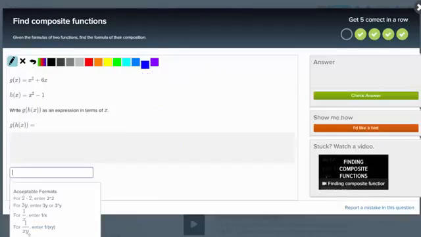Woohoo! Alright, see if we can finish this one out strong. So we have h of x, and this would be a hard one, wouldn't it? H of x is x squared minus 1, and now I need to find g of h of x. So I need to put x squared minus 1 in for both x's in g. So instead of x squared here, it's going to be (x squared minus 1) squared.